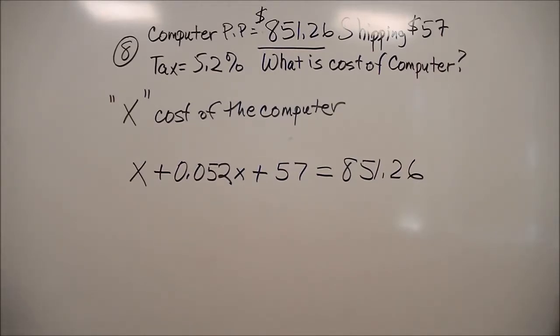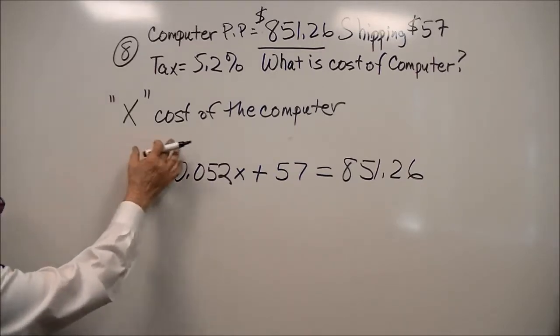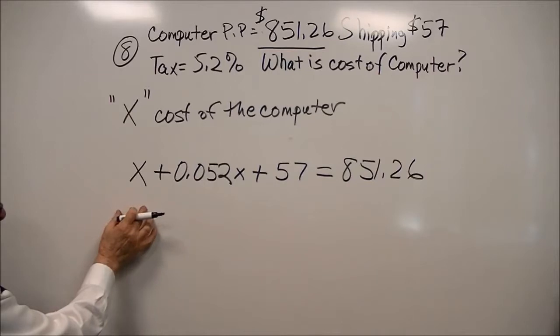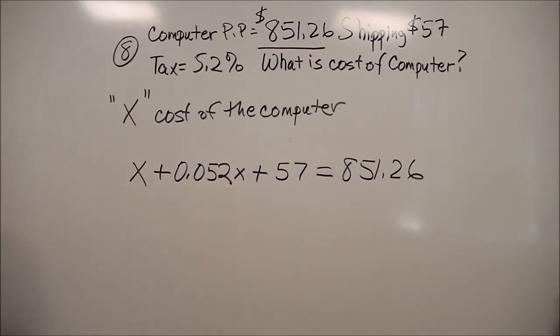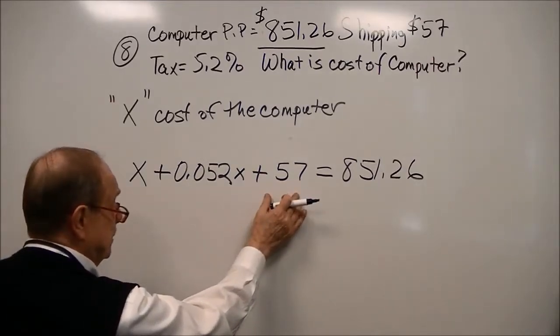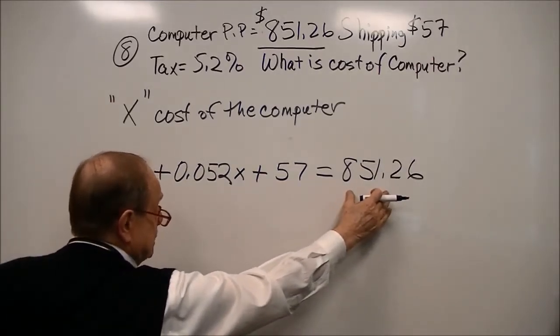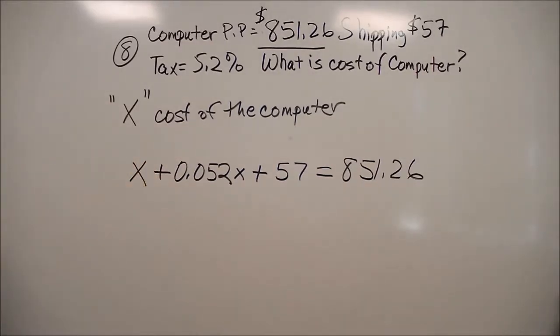So again, you have to think about it a little bit, be creative. X is the cost of the computer. This is the amount of tax you're going to pay on that X amount. This was your shipping. And this was the purchase price. So we need to, again, combine like terms.